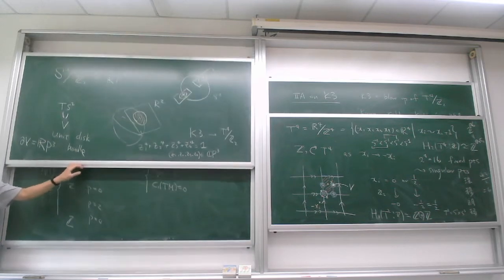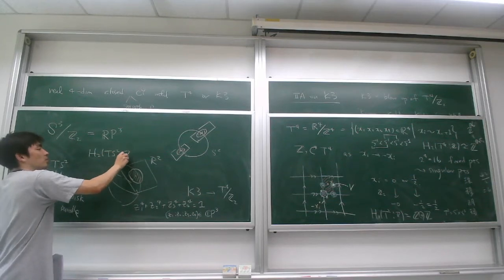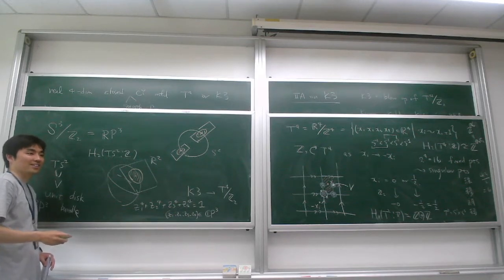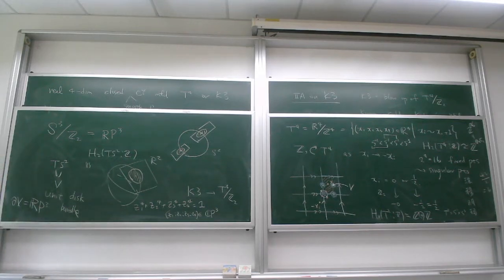So what is the second homology of the tangent bundle of S2? The tangent bundle deformation retracts to S2 itself.